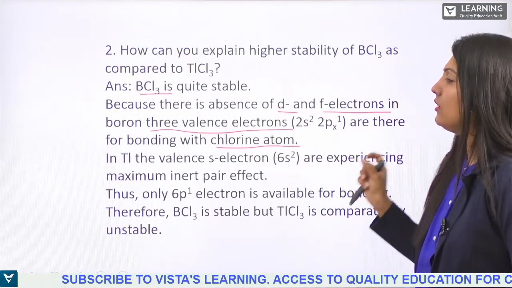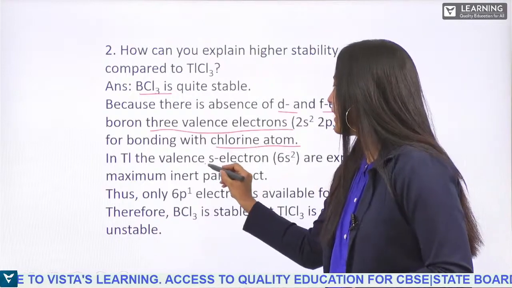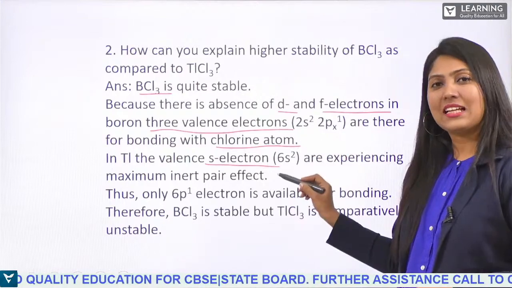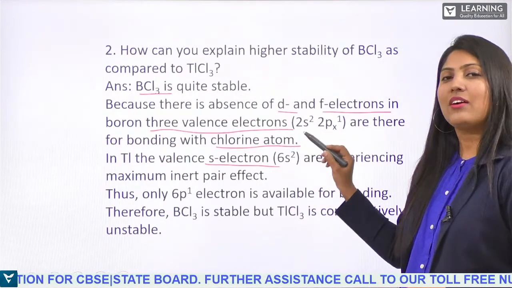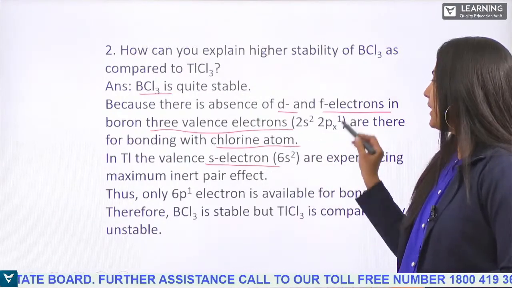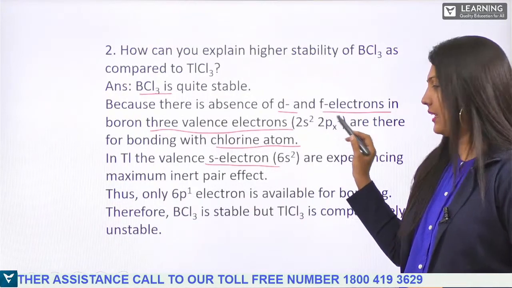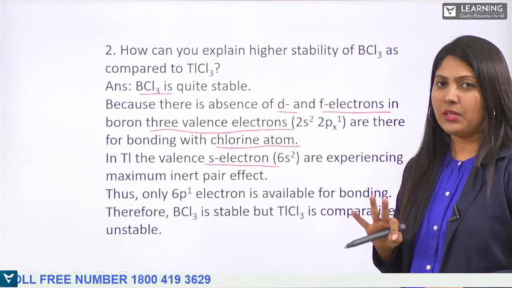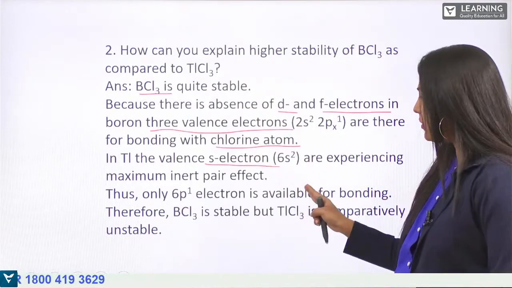Whereas if you go with thallium, in the outermost shell the s orbital will have 2 electrons and the p orbital will have 1 electron, right? So that combining gives you the oxidation state of 3. Whereas for thallium, what happens?